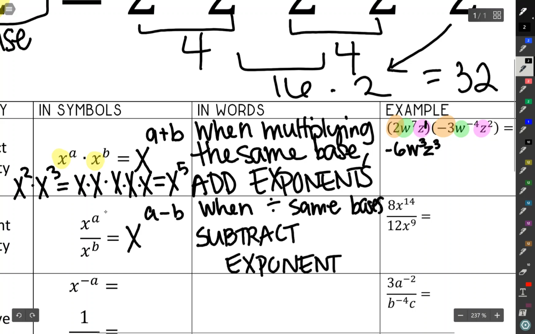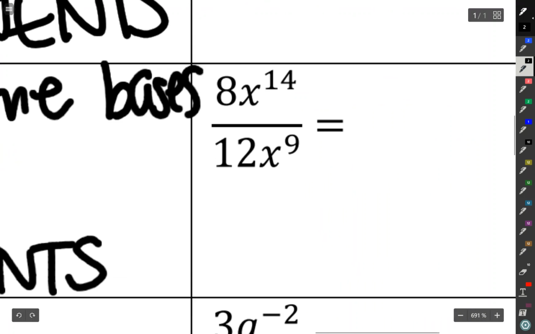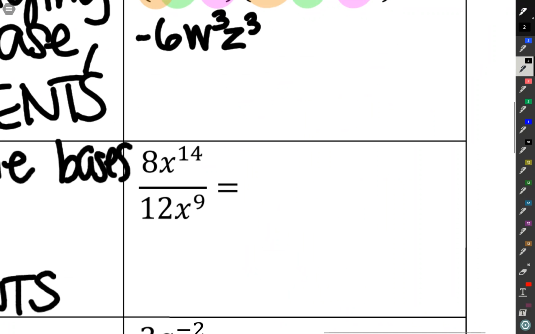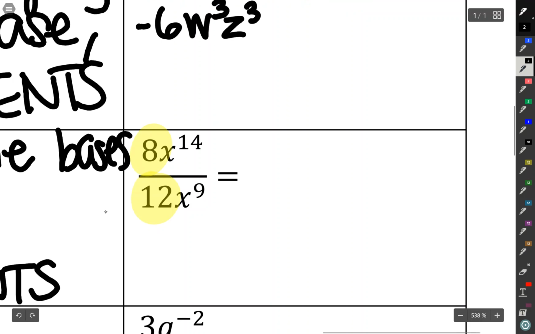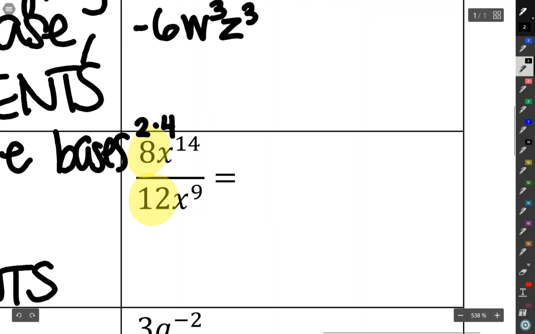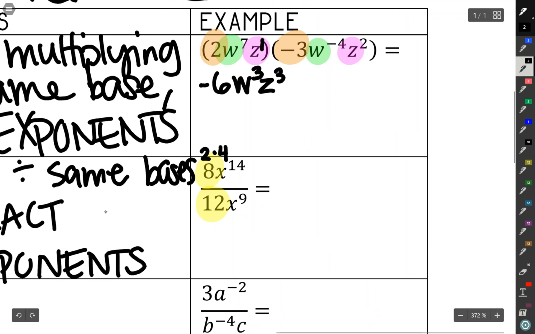All right, let's do an example here. Notice again we have regular numbers of 8 and 12. Don't subtract those. Those are not exponents. 8 divided by 12, we can just think of it as like we're reducing a fraction. 8 is 2 times 4, and 12 is 3 times 4. So it's like the 4's cancel.